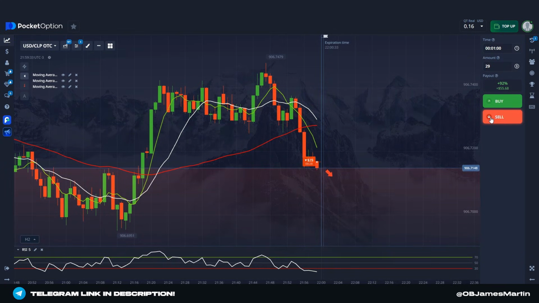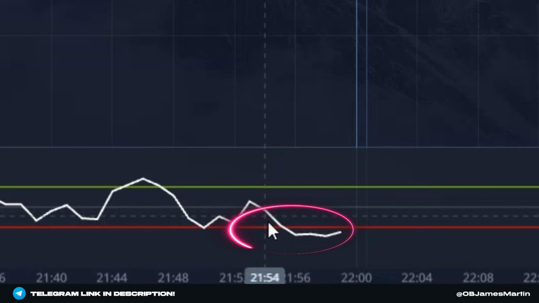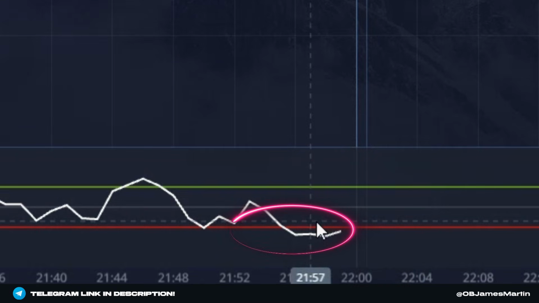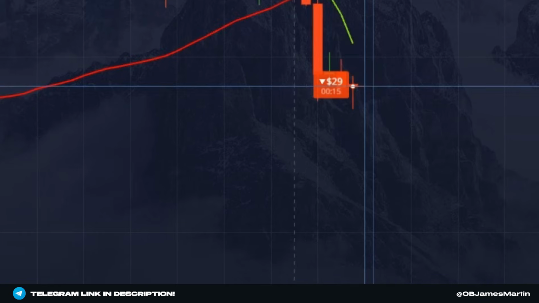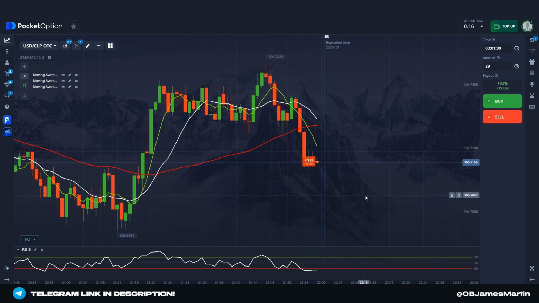But don't forget that the white line of RSI must be below the red line on the downward trend on the RSI. Okay, as I said, above the green, it's an upward. Below the red, it's a downward. But don't forget the white line, that's the downward direction.